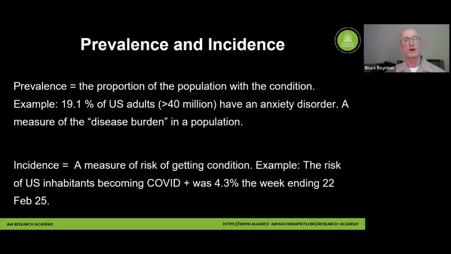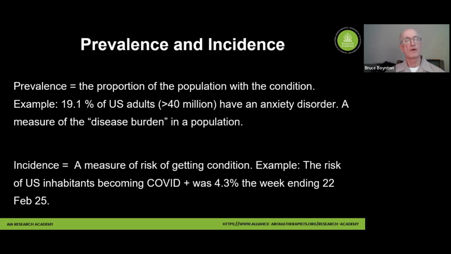Incidence is a measure of risk, the risk of getting the condition. For example, the risk of US inhabitants becoming COVID positive was 4.3% in the week that ended on 22 February 25. So that was their risk, 4.3%.